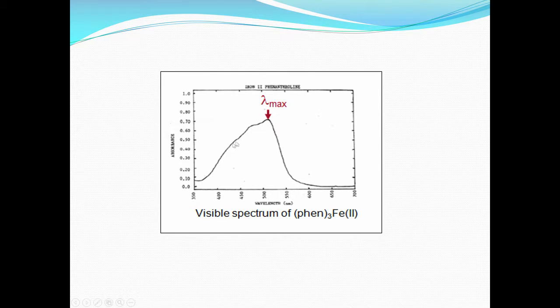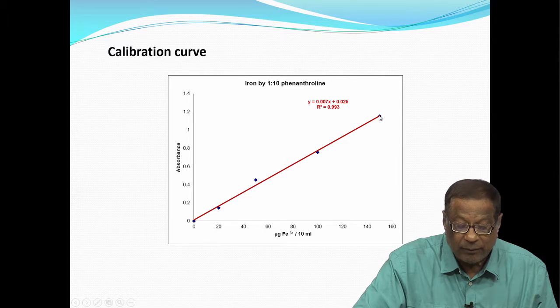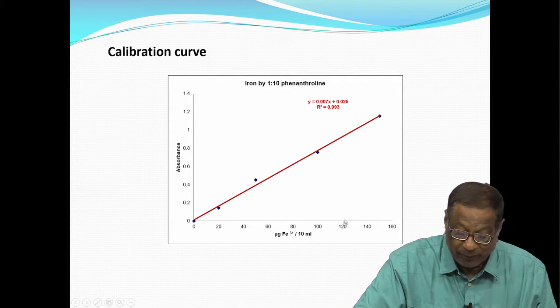Usually the blank is colorless in this case, and we have a lambda max around 510 or 520. 510 would be the most ideal one, and the calibration curve, as you can see from this curve, is very good, up to 150 micrograms in 10 ml, that is 1.5 ppm.